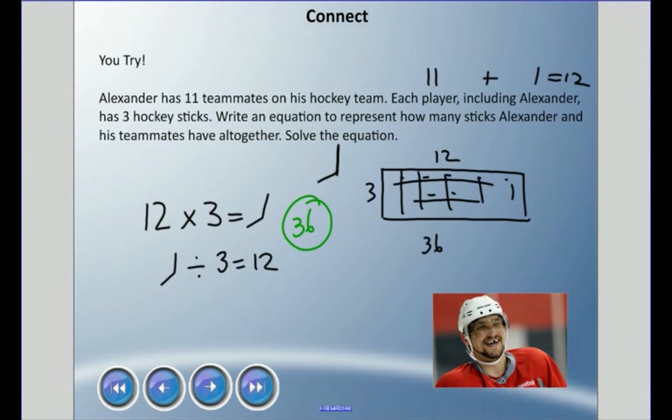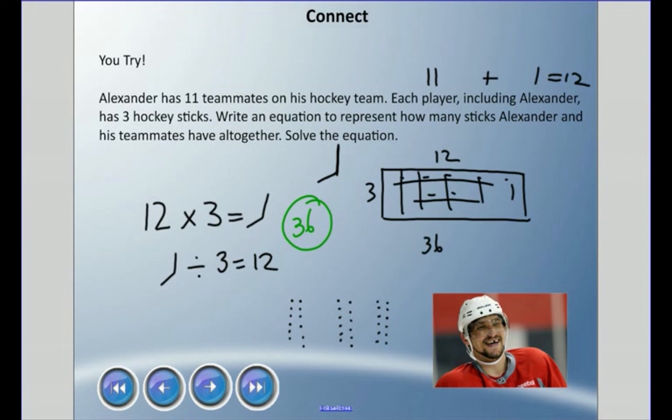You would have had to make either 12 groups of 3 or 3 groups of 12, probably easier to do that. So 1, 2, 3, up to 12, three times. You could do that and then add them all up, and that would get you your 36 hockey sticks altogether.